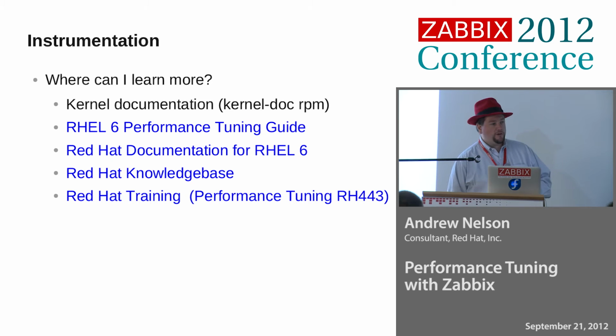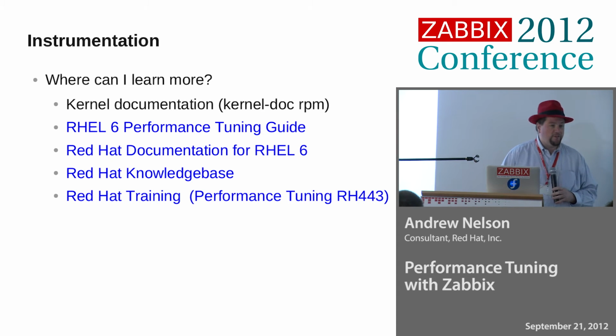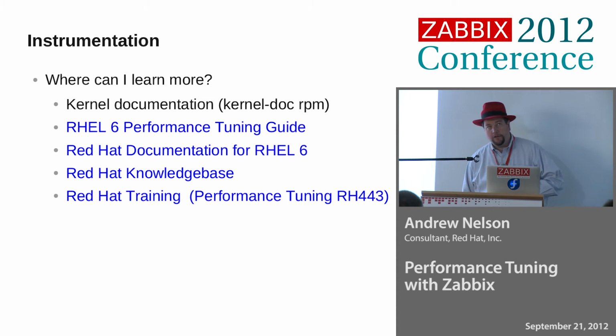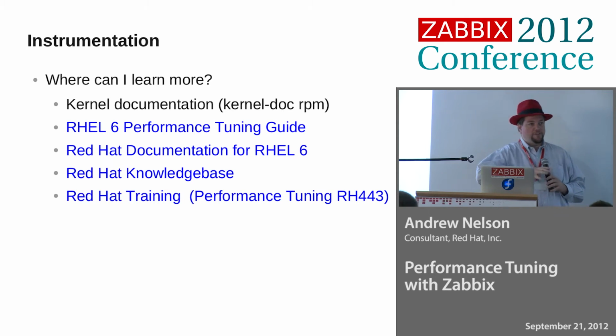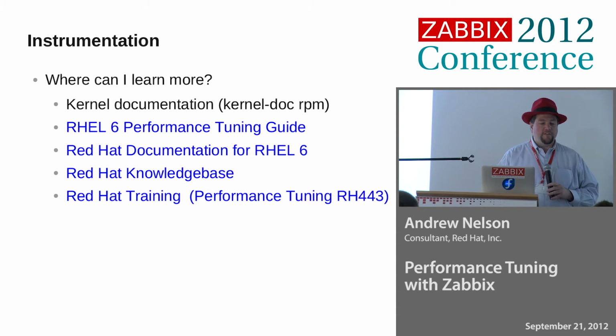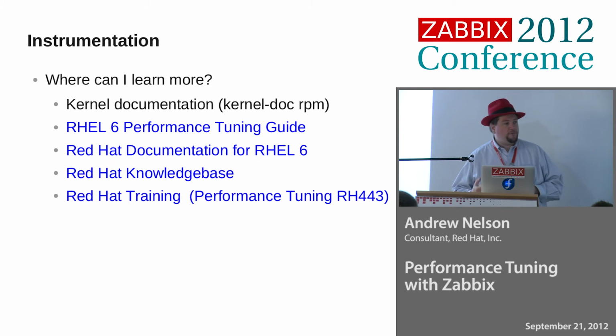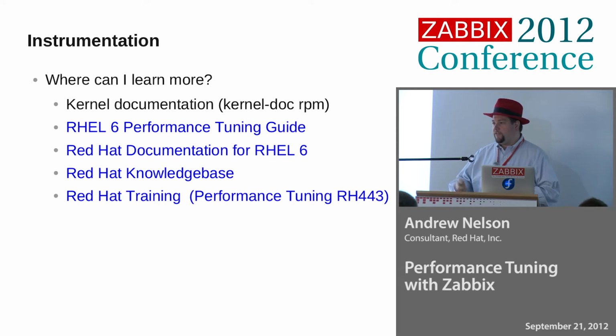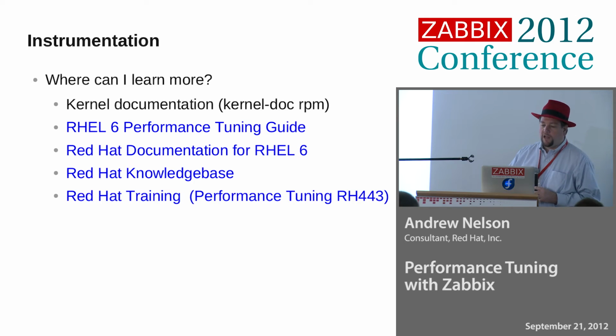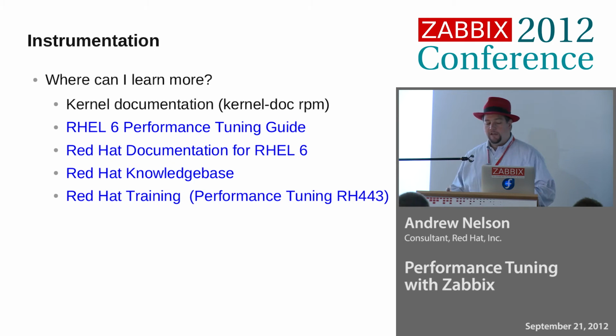So the kernel documentation RPM will basically install in /usr/share/doc/kernel-doc/Documentation, and then it's a series of directories inside there and a bunch of text files that dive deep into the information. If you want to know what a specific kernel parameter in the sysctl.conf file is, that's the best place to look it up. It will intimately describe a lot of those, and it's a great place to go.